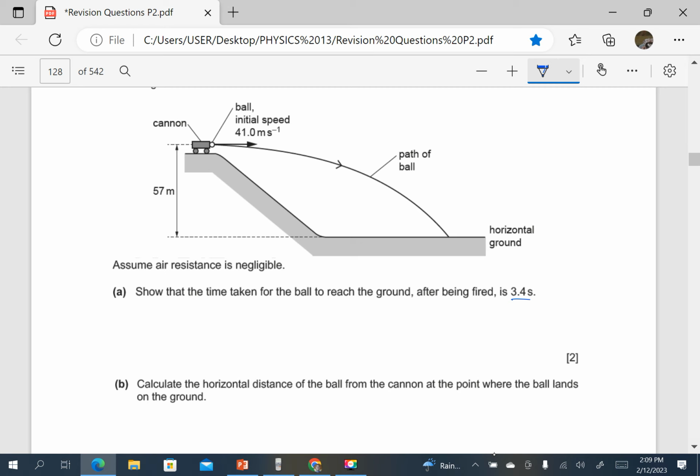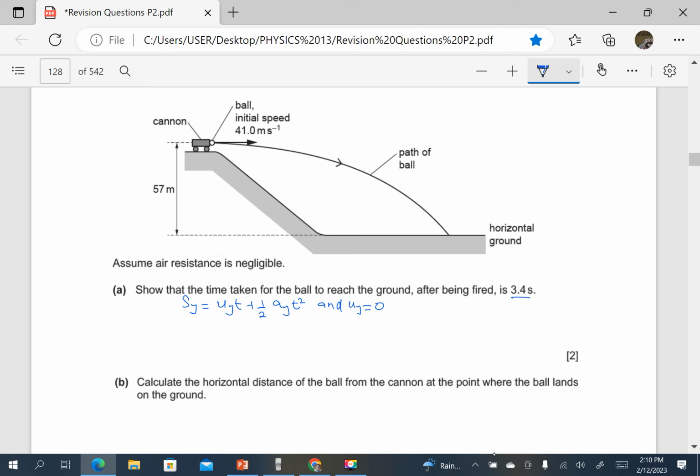So since they have given us the vertical distance, we shall use vertical motion. Considering vertical motion, I will consider the displacement in the vertical, the initial velocity in the vertical times time plus a half, acceleration in the vertical times t squared. Remember, if it is fired horizontally, initial velocity in the vertical is 0. So the vertical displacement is 57 equals 0 plus a half times 9.81 times t squared.